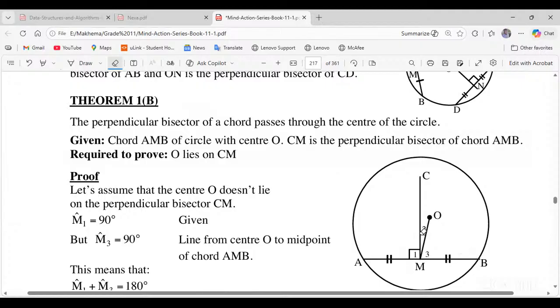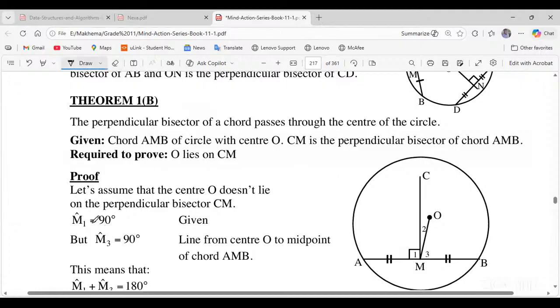Now, we are required to prove that O lies on CM. You see? Here, you might be scared. Now, let's assume that the center O doesn't lie on the perpendicular bisector CM. Now, let's shift that O to any direction. You can shift it here. You can shift it somewhere here. It's up to you.